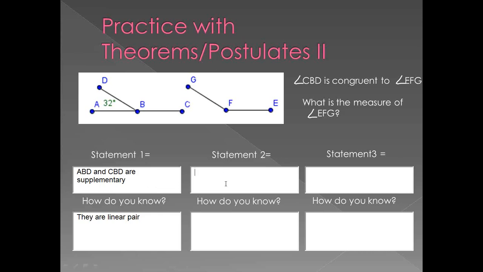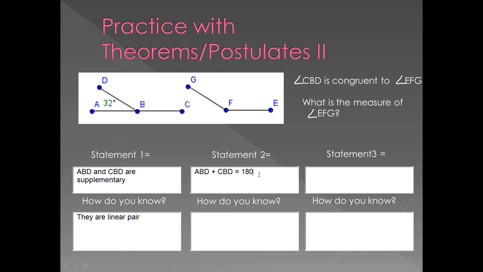Once you say they're supplementary, you need to say that they add up to 180. So we're going to say that ABD plus CBD equals 180.